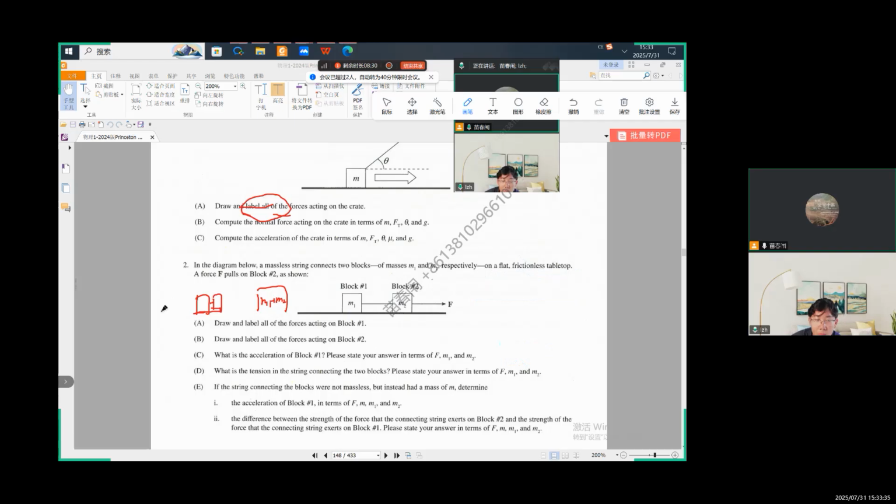So acceleration is F over m1 plus m2, right? Yeah, that's the acceleration. And when you think about tension, you talk about m1 and you talk about m2. The tension has the same magnitude but a different direction. Does that make sense?